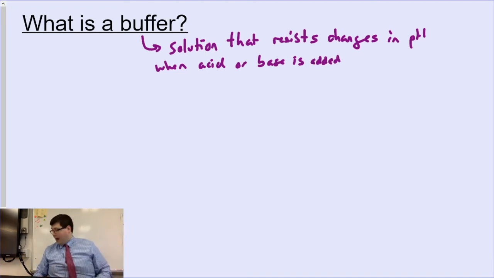To show you an example, I have here two solutions, one that is distilled water and another that's a buffer solution made of acetic acid and sodium acetate. And you'll notice if I add to my distilled water a small amount of 0.1 molar sodium hydroxide, so really not that concentrated of a base, we're going to see if the pH changes.